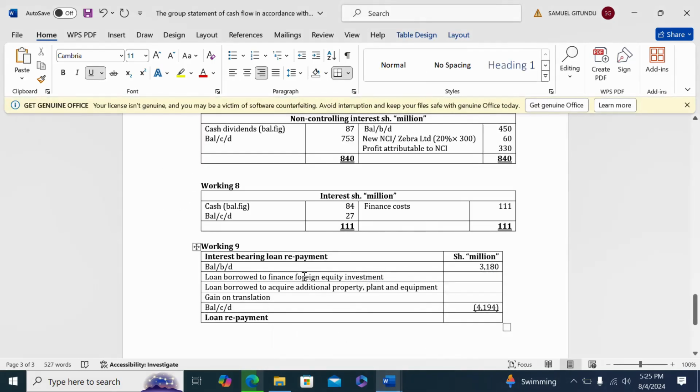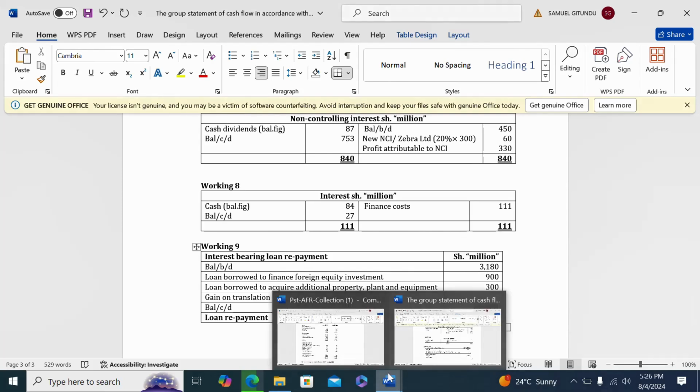But remember, there was a loan which was borrowed to finance the foreign equity investment amounting to 900 million. And there was another loan which was borrowed to acquire additional property, plant, and equipment amounting to how much? It amounted to 300 million. And there was a gain on translation of this loan which was borrowed to acquire additional property, plant, and equipment.